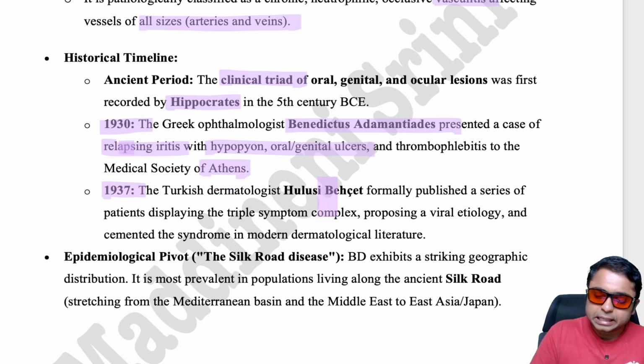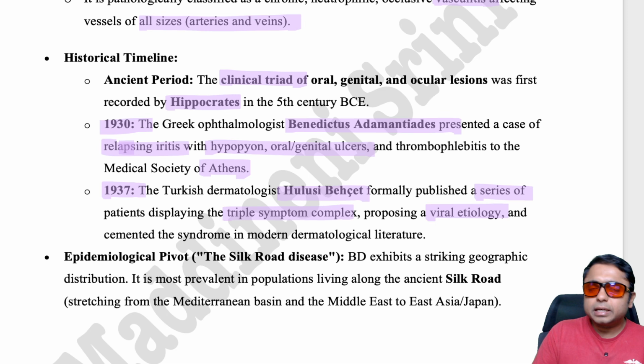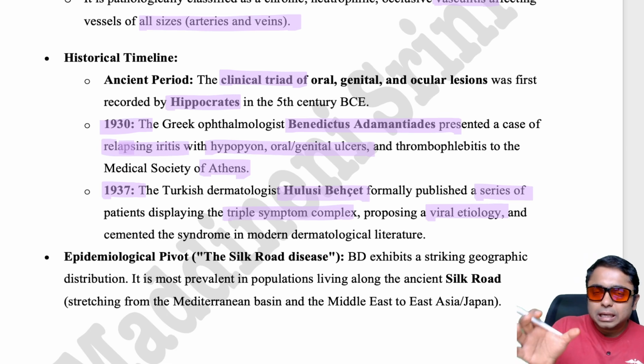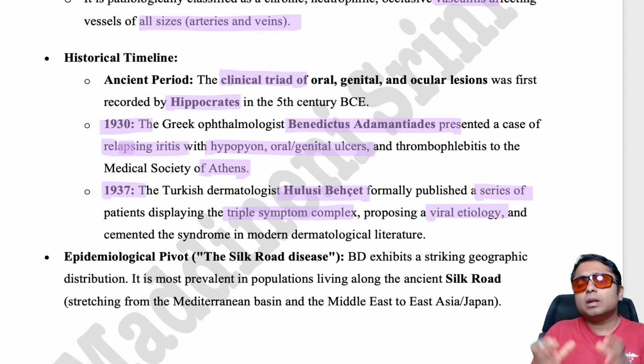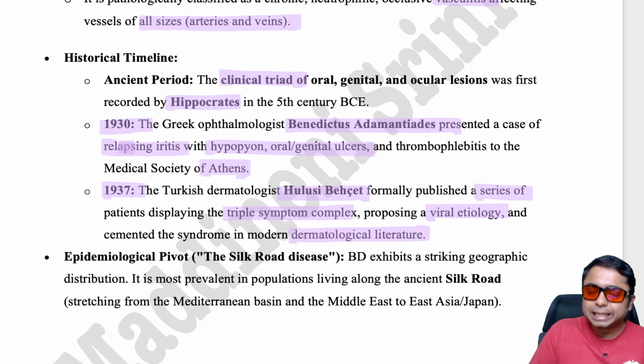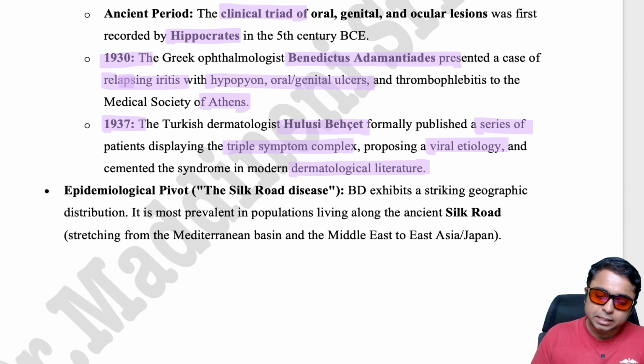In 1937, the Turkish dermatologist Hulusi Behçet published a series of patients displaying the triple symptom complex, attributed a virus as the etiological factor, and introduced this triad of symptoms as a particular disease. So in the dermatological literature, to remember his name forever, the condition is named Behcet's disease, though it is also called Adamantiades-Behcet disease.